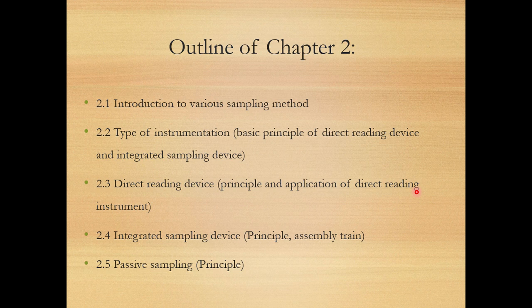This is the outline of chapter 2, which is 2.1 Introduction to various sampling method. 2.2 Type of instrumentation, which consists of basic principle of direct reading device and integrated sampling device. 2.3 Direct reading device, which is principle and application of direct reading instrument. 2.4 Integrated sampling device, which we learn on the principle and assembly train.